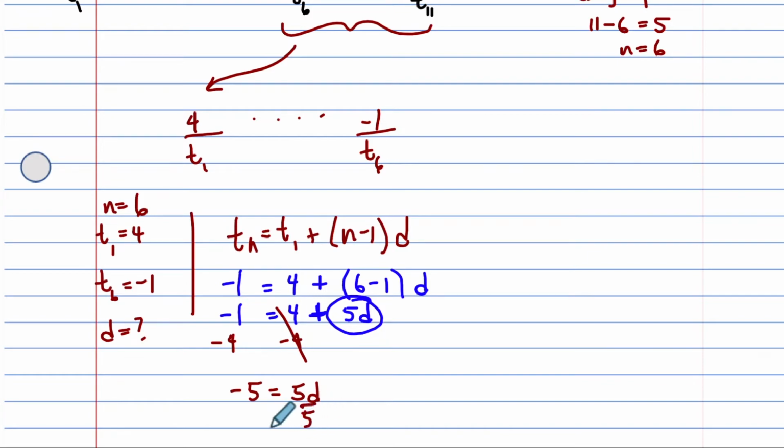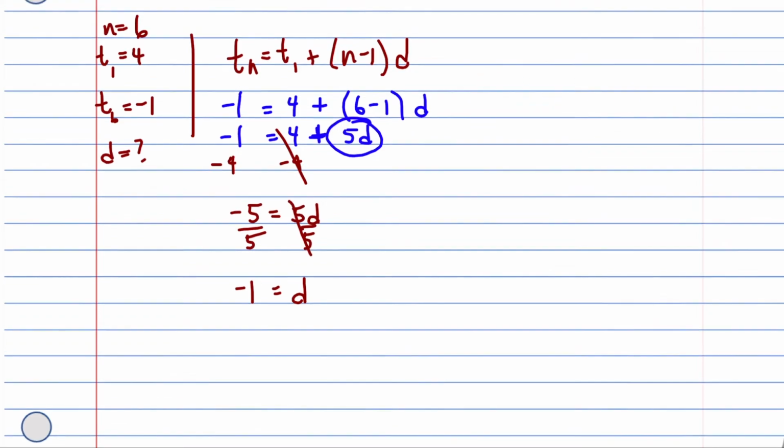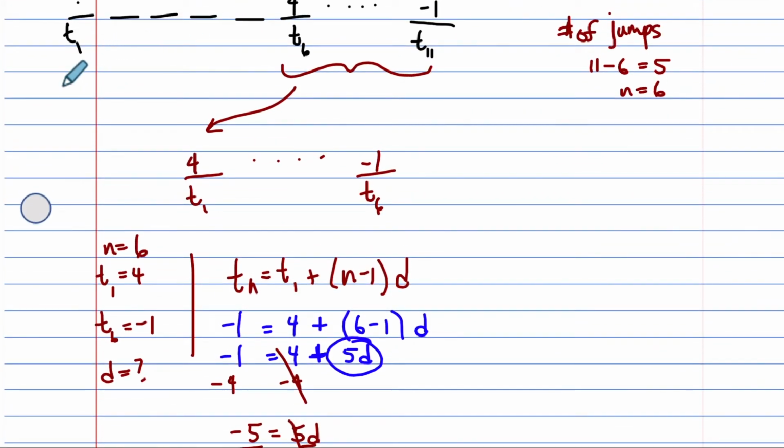Divide by 5, divide by 5, because what I do to one side, I do the other, and I've got D by itself. D is -1.